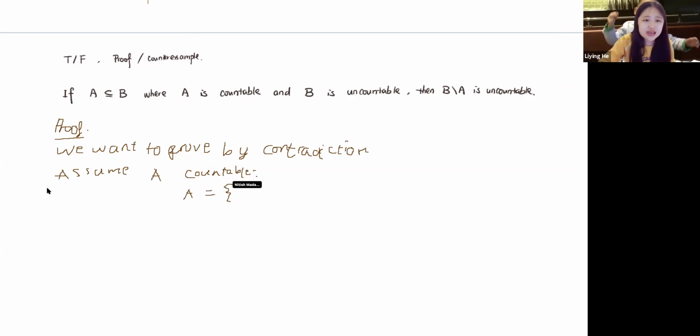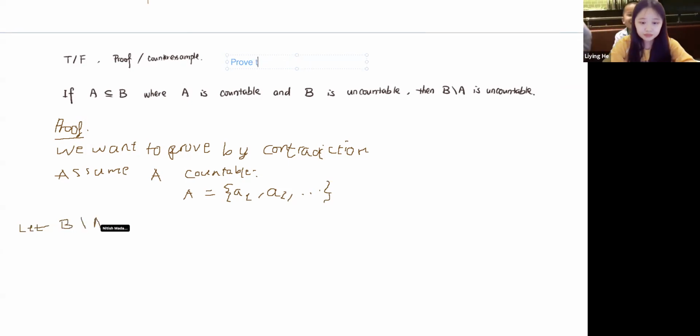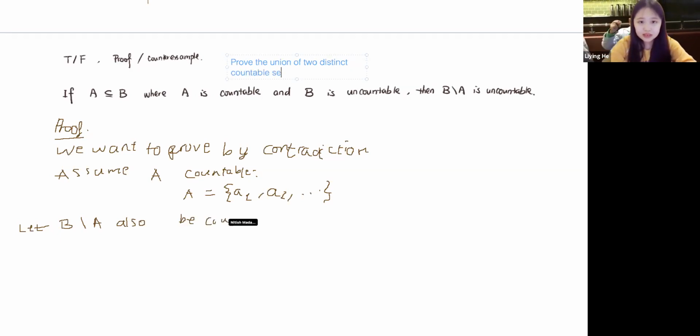The question that, okay, let me type it up. Prove the union of two distinct countable sets is also countable.